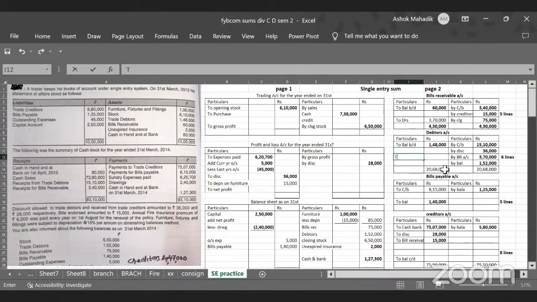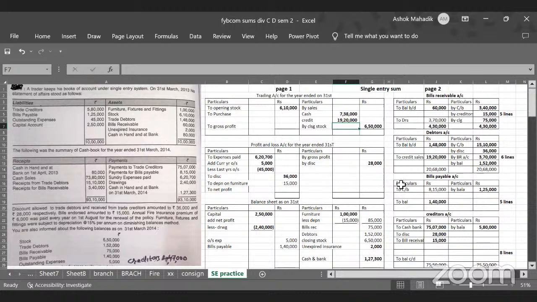I told you in debtors account you get credit sales. So it will be 20,68,000 minus 1,48,000. How much you got? 19,20,000. This is nothing but your credit sale. So I'll go to credit account and put there 19,20,000. I hope you have understood everything, students.